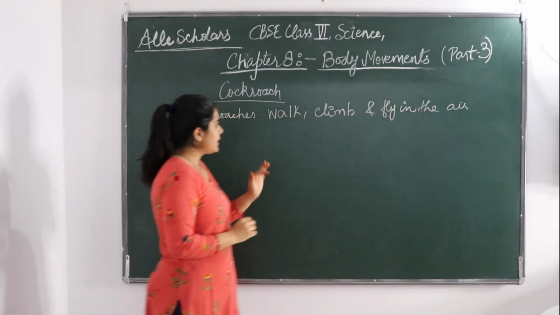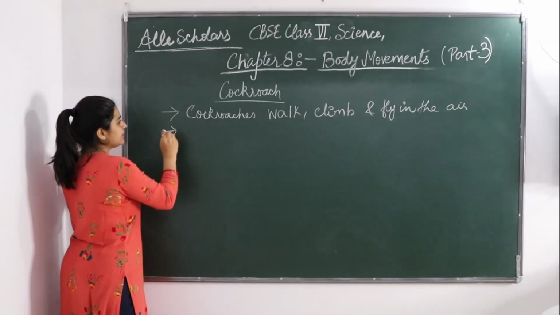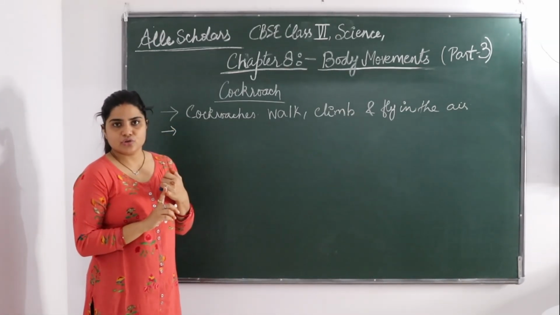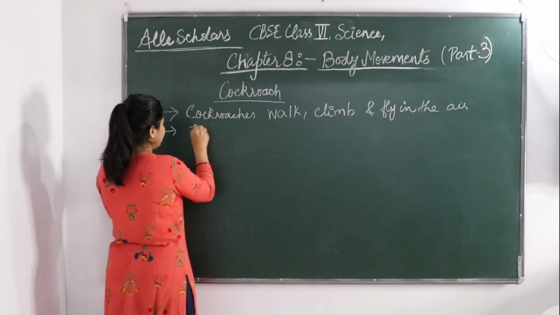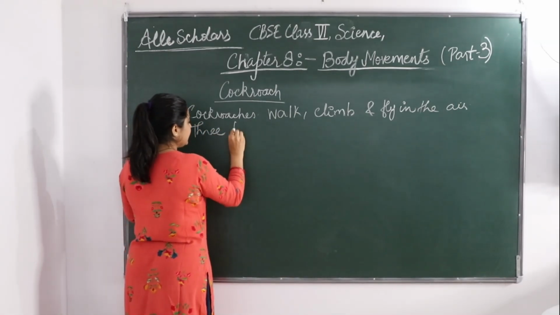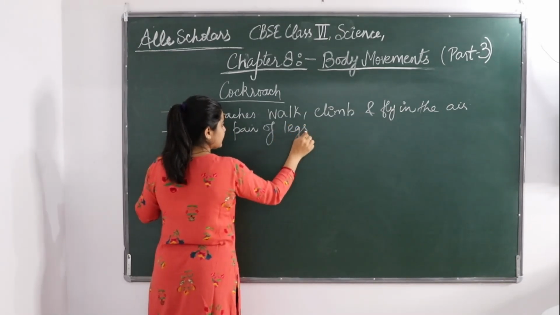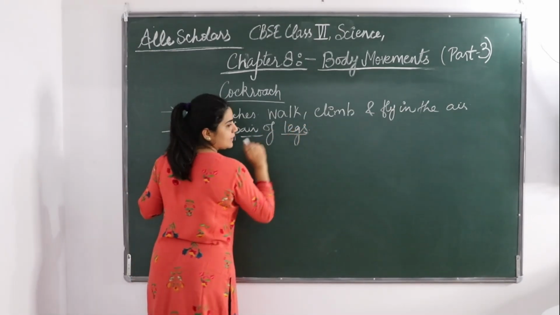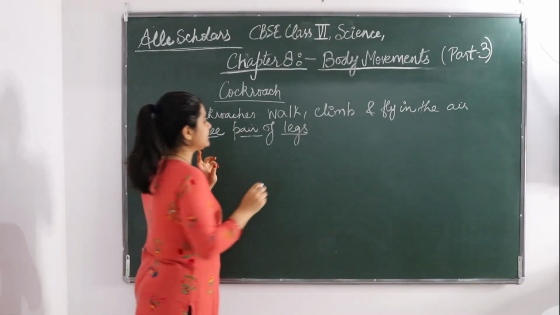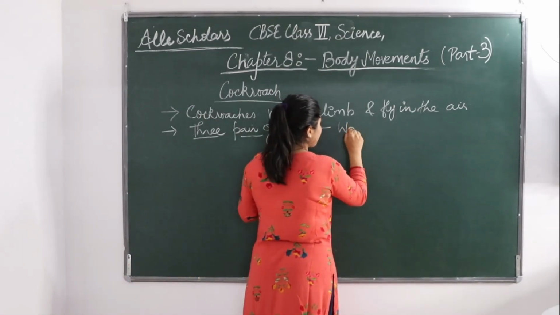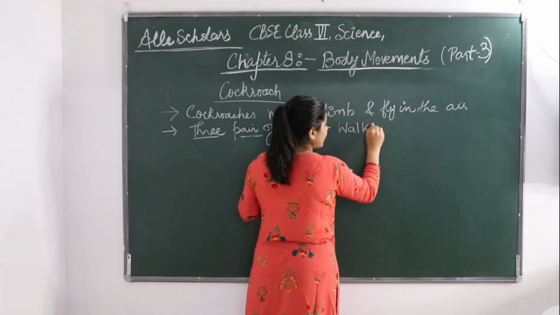Fine. Next is that they have got 3 pairs of legs. How many pairs of legs? 3 pairs of legs they have got. These legs help them in walking.